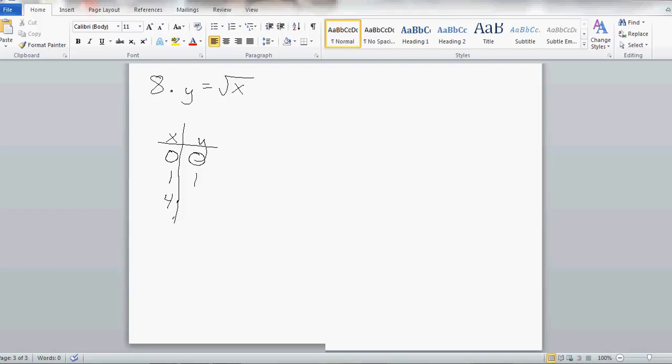So then I'm going to choose number 4. Square root of 4 is 2. And then the next logical number for x would be 9 because the square root of 9 is 3. And so I have 4 points here: (0, 0), (1, 1), (4, 2), and (9, 3).